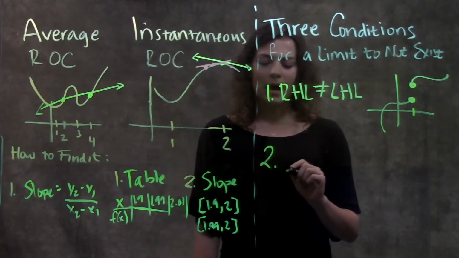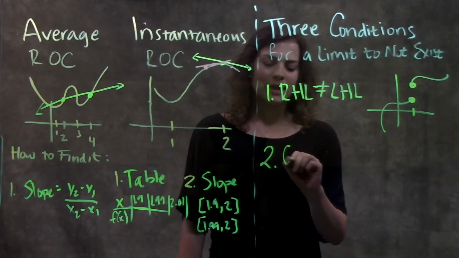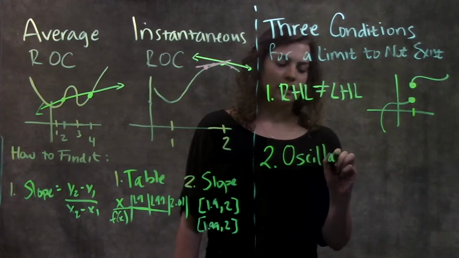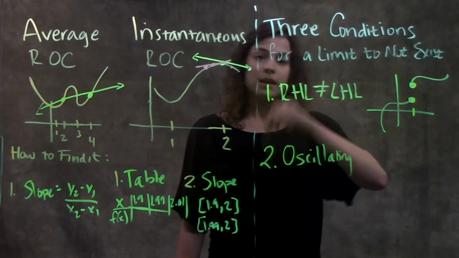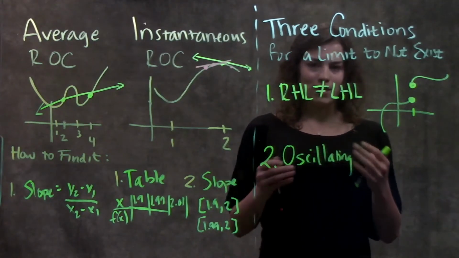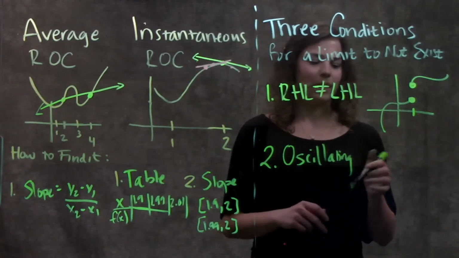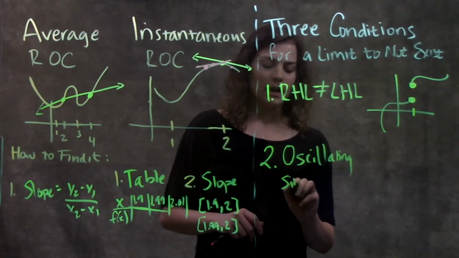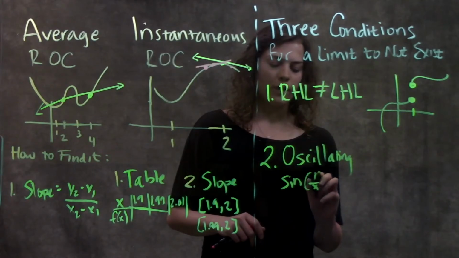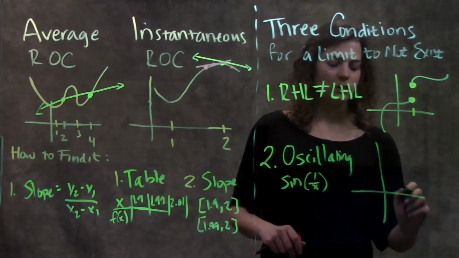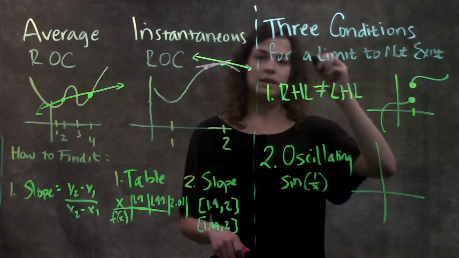Okay. Condition 2 for a limit to not exist is if the function is oscillating. That means that it's going up and down super quickly at this one point. You can't tell what value the function is approaching. An example of this is the function sine of 1 over x. So sine of x usually is a periodic function.